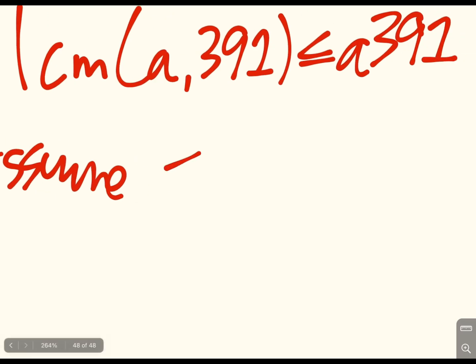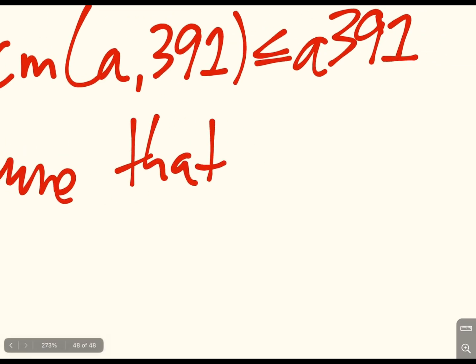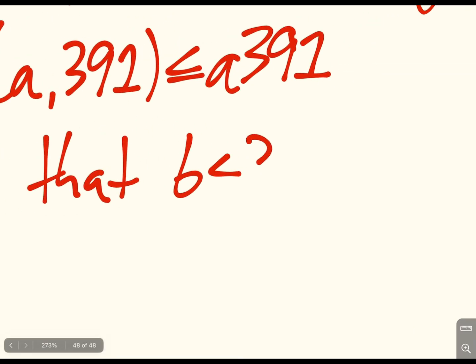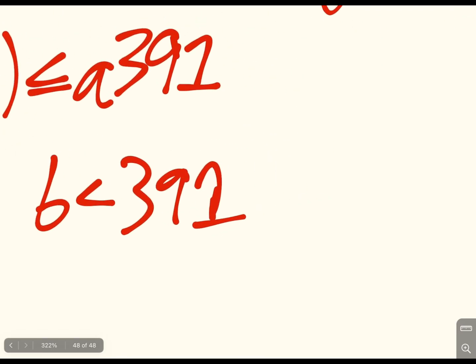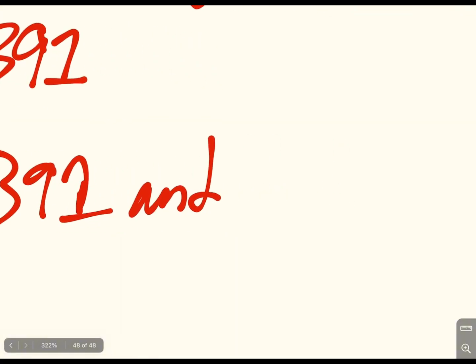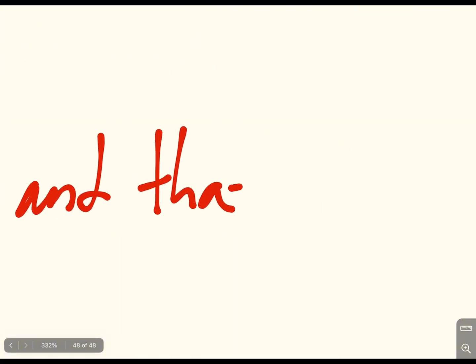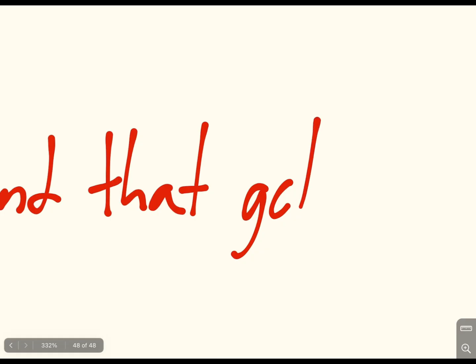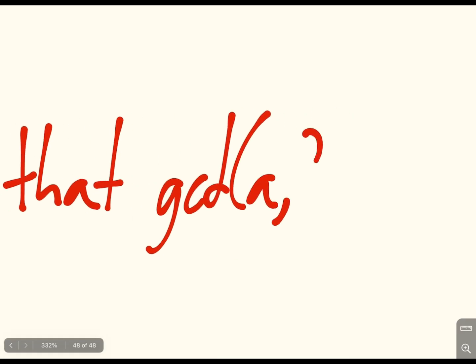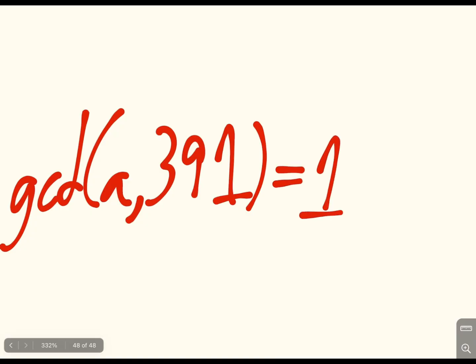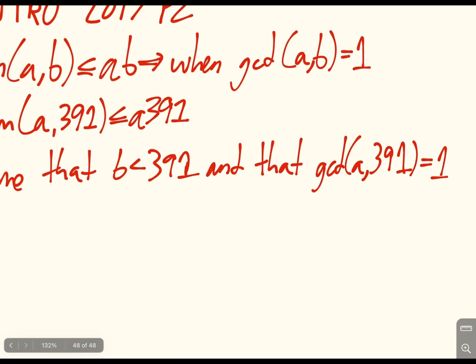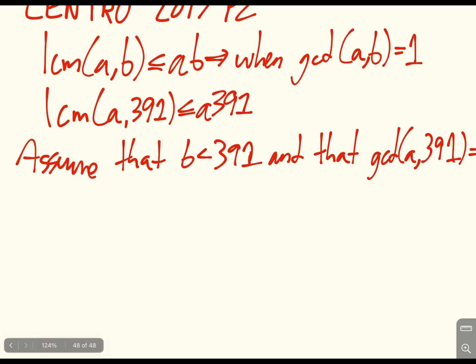Let's write, assume that b is less than 391, because we're trying to find the minimum, and that the GCD between a and 391 is 1. So basically that a and 391 are relatively prime.